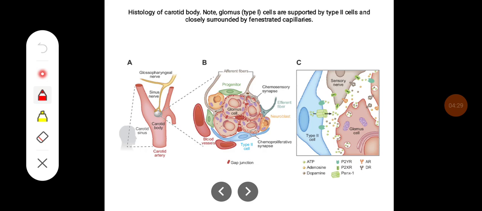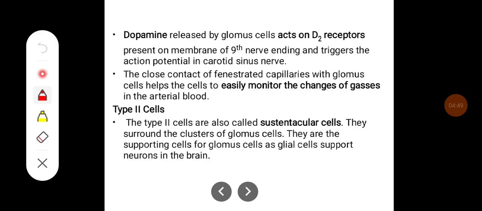So this is the histology of the carotid body. You can note the glomus cells, type 1 cells, supported by the type 2 cells, which are seen in blue color. It is also closely surrounded by fenestrated capillaries. Dopamine released by glomus cells acts on D2 receptors present on the membrane of ninth nerve ending and triggers the action potential in carotid sinus nerve.